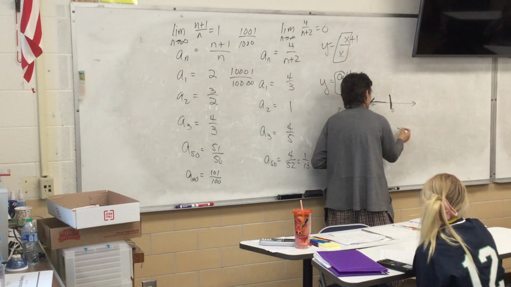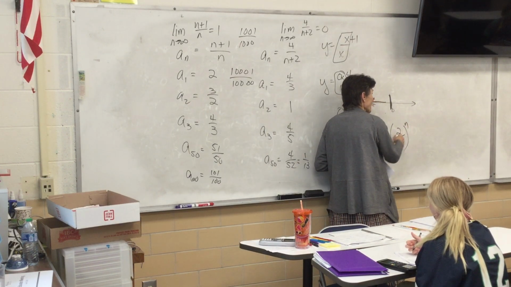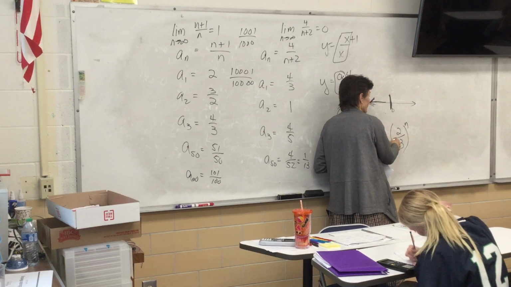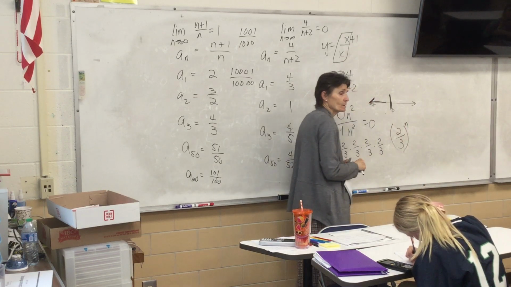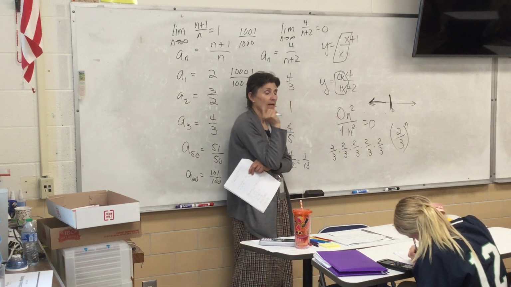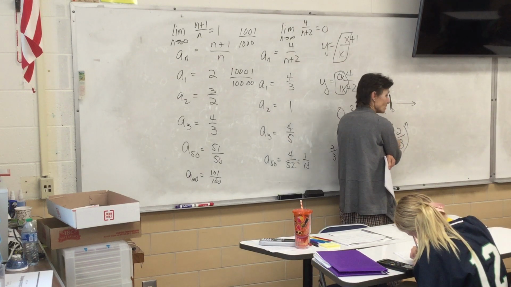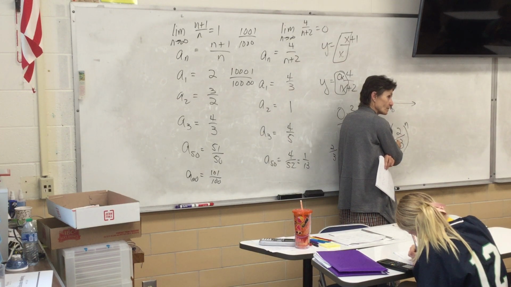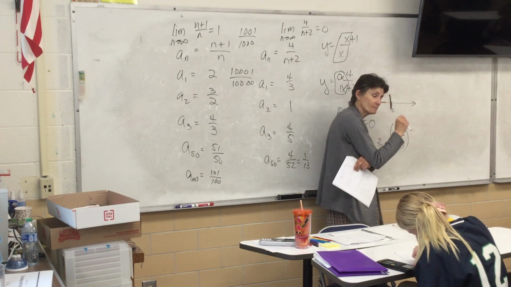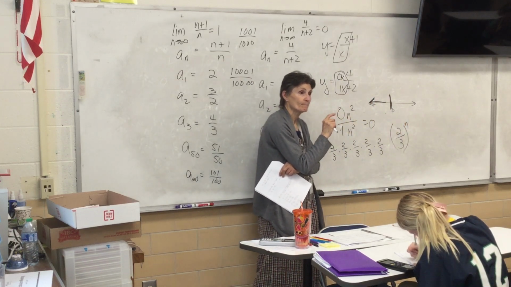When you raise a number less than 1 to a power, the limit's going to be 0 every time. It's going to get smaller every single time.